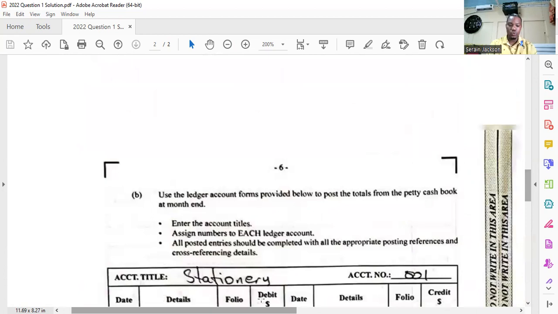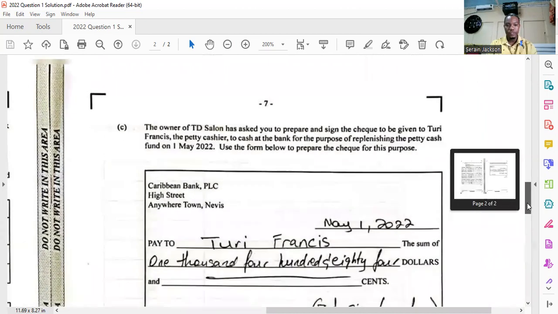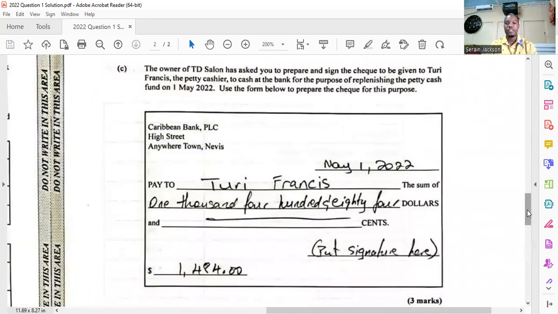So let's move on to the last part of question 1, actually. It says, the owner of TD Salon has asked you to prepare and sign the check to be given to Thury Francis, who is the petty cashier, to cash at the bank for purpose of replenishing the petty cash fund.